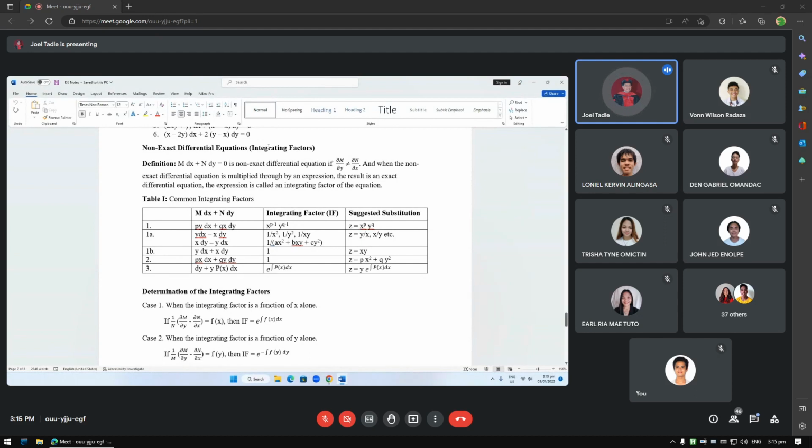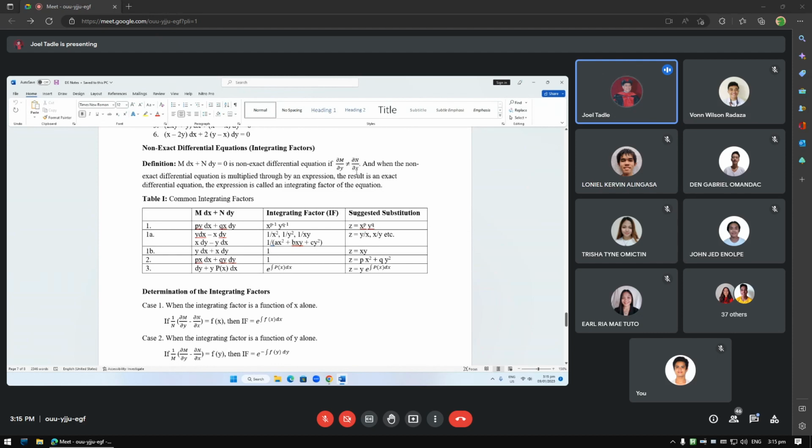We multiply it by the IF first. So this is the definition for non-exact. The equation M dx plus N dy equals 0 is non-exact if the partial derivative of M with respect to y is not equal to the partial derivative of N with respect to x.